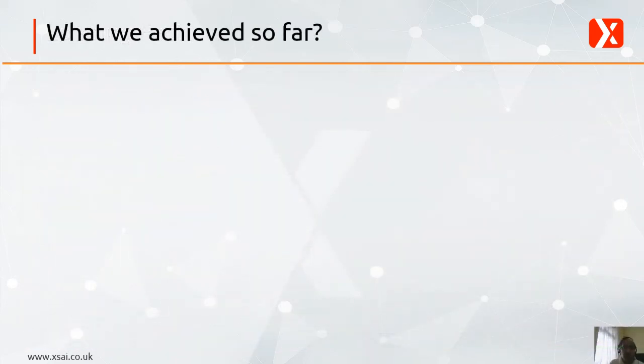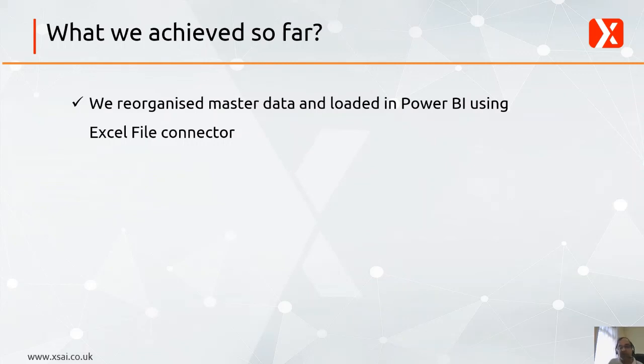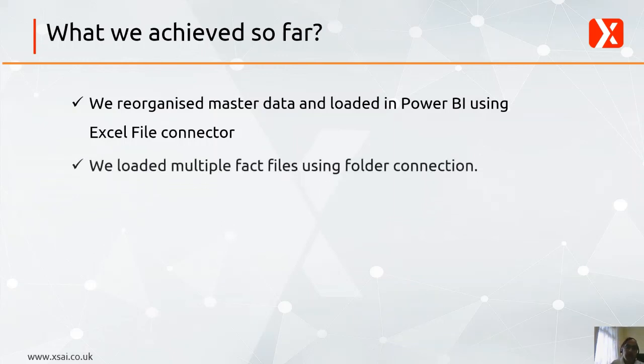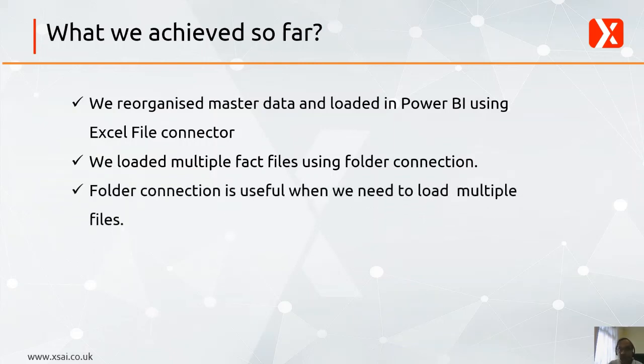Now let's see what we achieved so far. We reorganized our master data and then loaded it in Power BI using the Excel file connector. We loaded multiple fact files using folder connection. Folder connection is useful when we want to load multiple files, because we have historical data for the last 3 years. Even for the demo I had only 5,000 records.